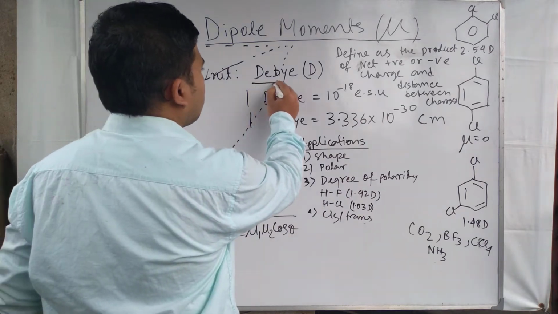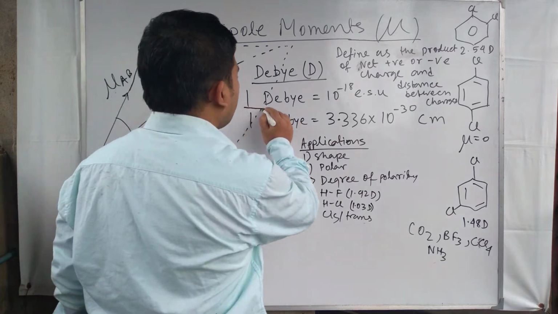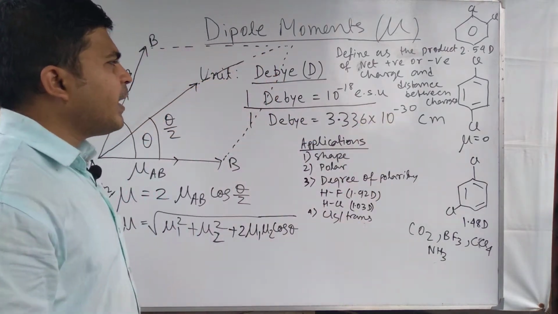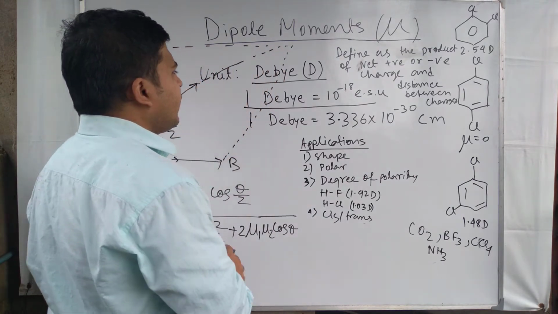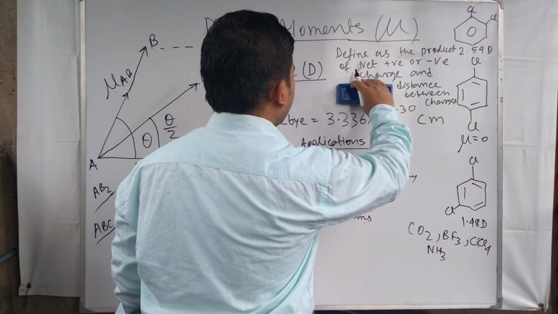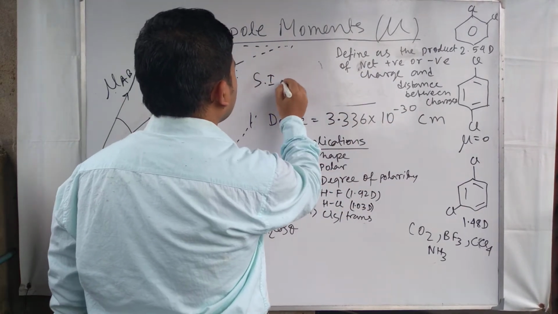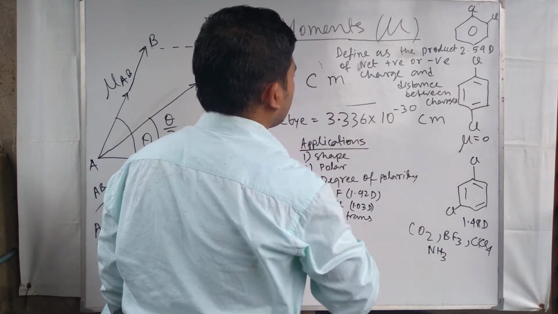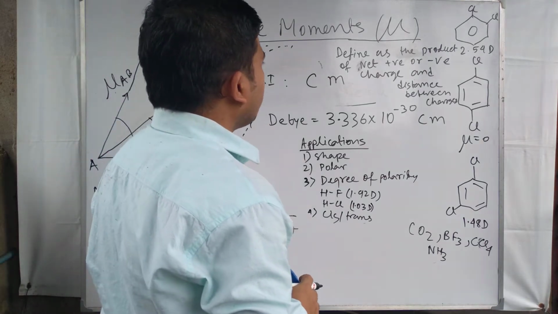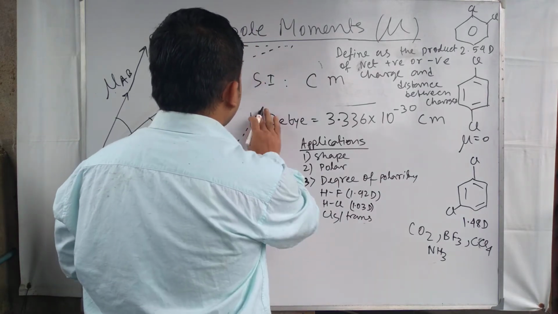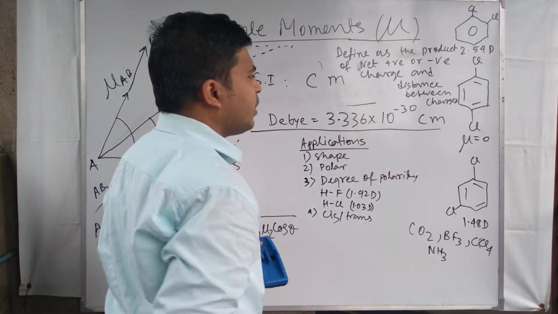The unit of dipole moment is the debye. In the debye unit, dipole moment is measured, and 1 debye equals 10 to the power minus 18 ESU. The SI unit of dipole moment is C·m, the coulomb meter. 1 debye is equal to this value in coulomb meter.